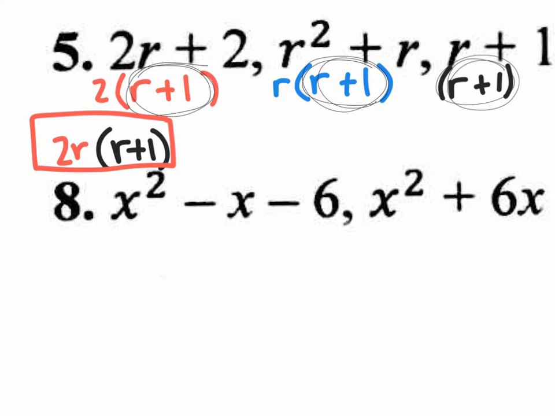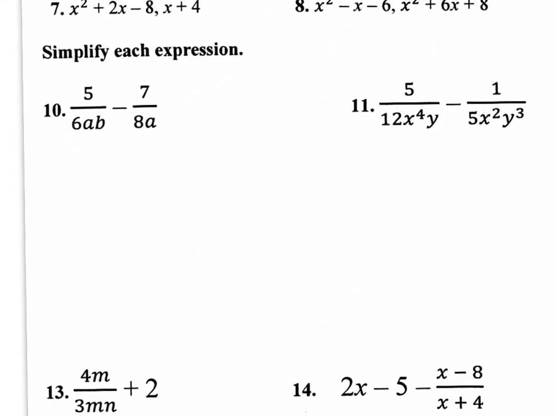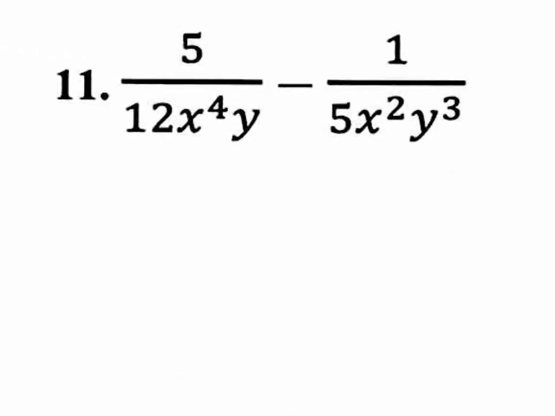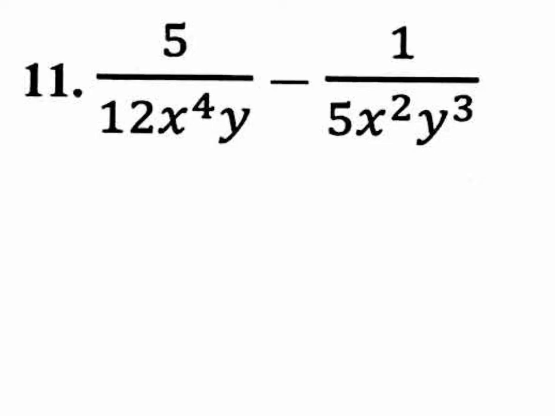So let's actually skip to, let's say number 11. Okay? We have subtraction. We need a common denominator in order for us to be able to subtract these 2 fractions. So step 1 is to factor, and then circle what's in common, write it down once, bring down everything else.